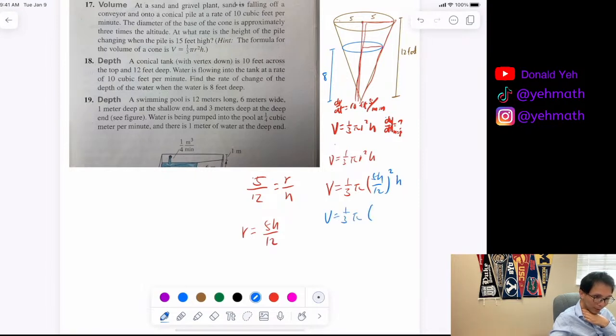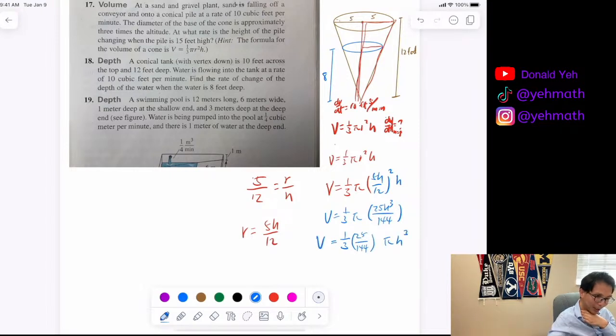So that's going to give you 25h³ over 144, because they both square and then times that. So I'm going to say that's 1/3 times 25 over 144 times pi h³.